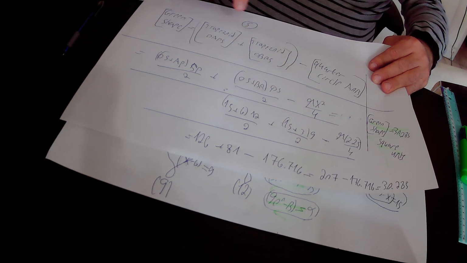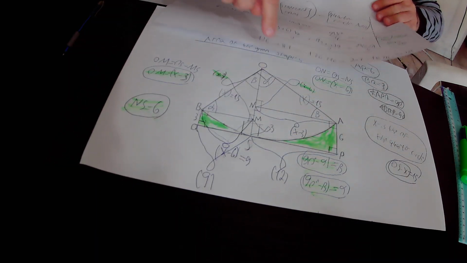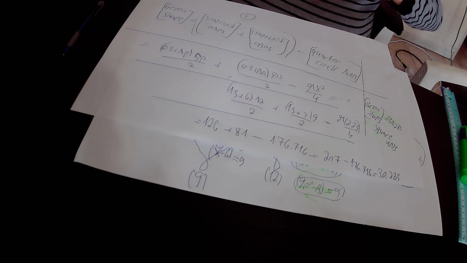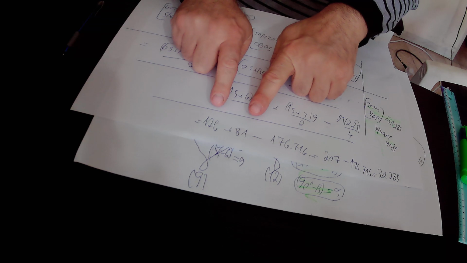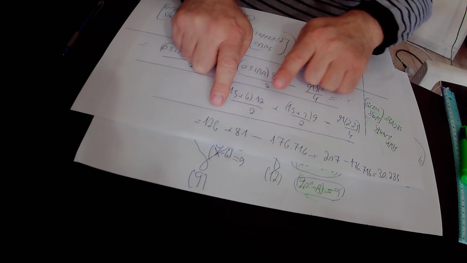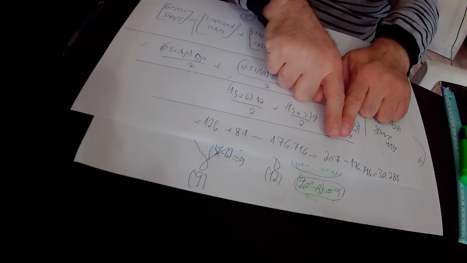So the area of this trapezoid OBQS equals 81 square units. So the sum of the areas of the two trapezoids is 126 plus 81, that is 207.